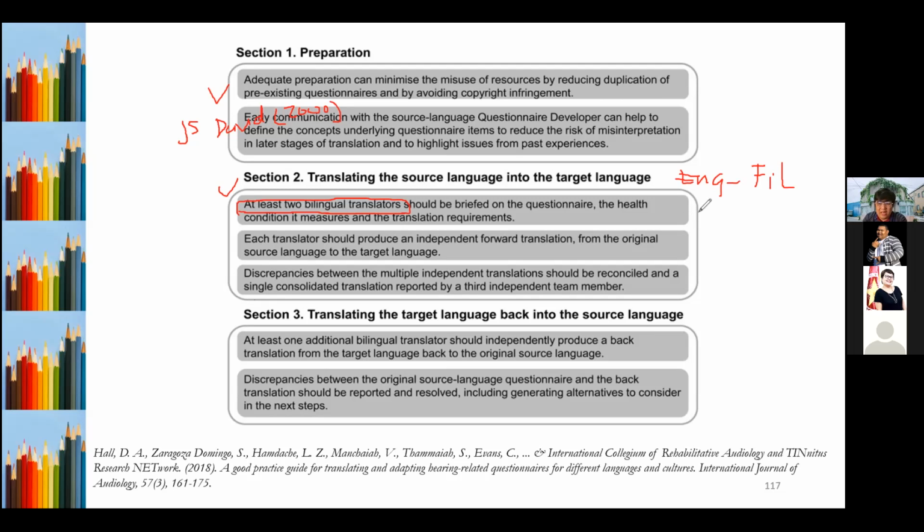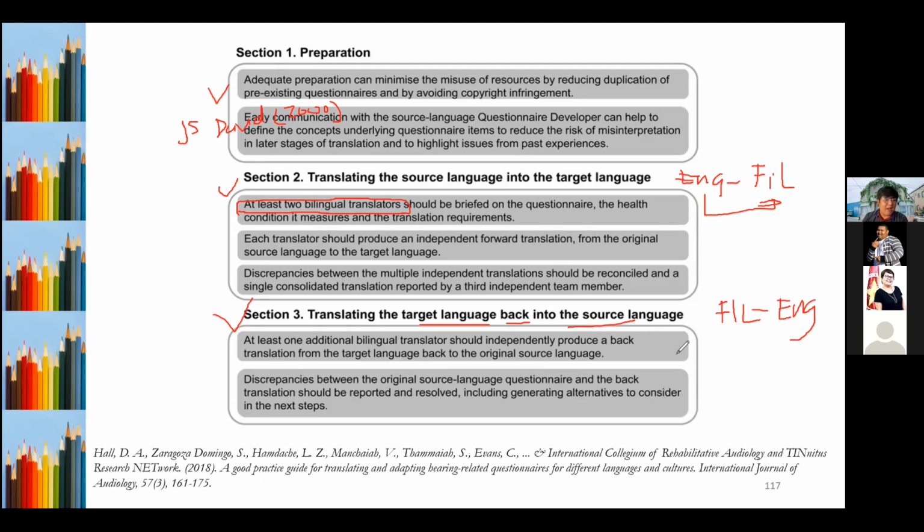Okay, number 3. Once na na-translate na from English to Filipino, so yung instrument mo, from English naging Filipino na siya, the third step is translate the target language back to the source language. Ibig sabihin, magba-back translate ka. Kapag na-translate mo na siya into Filipino, ipa-translate mo ulit siya from Filipino to English. Okay?